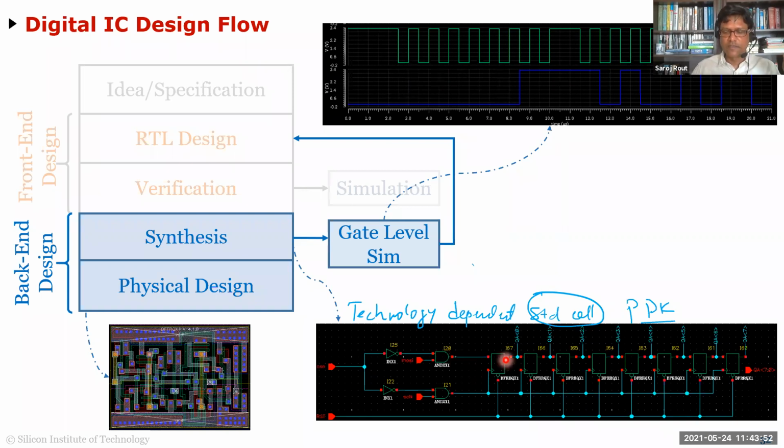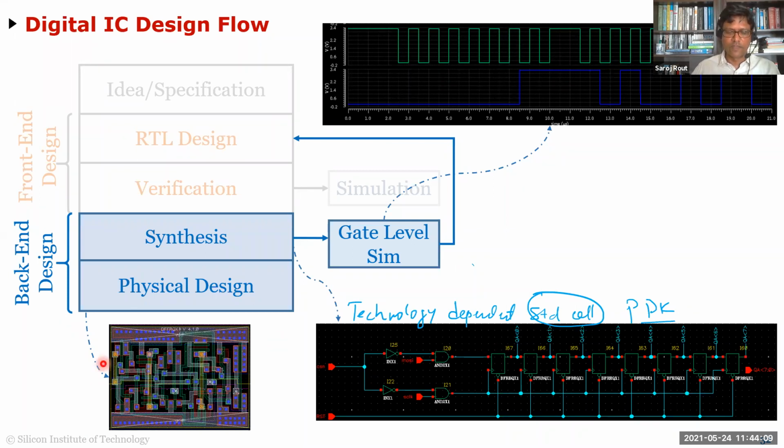It does not know anything about the physical device yet. So if I take this circuit and send it to the foundry house, they will not know what to do with it. They might know, oh, this looks like a circuit, but they will not know what to do with it.